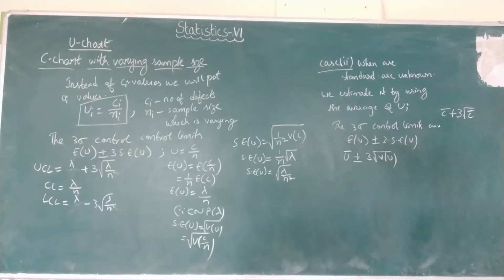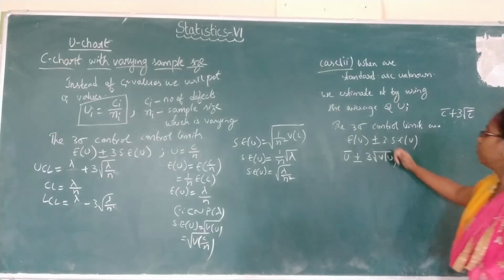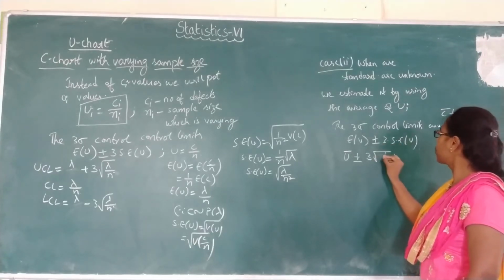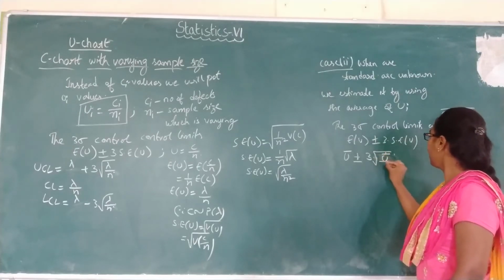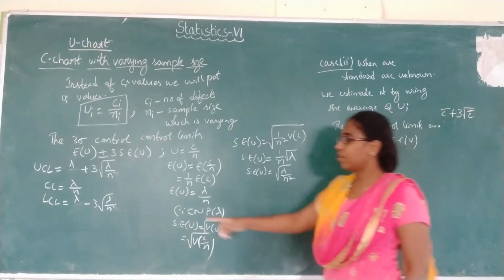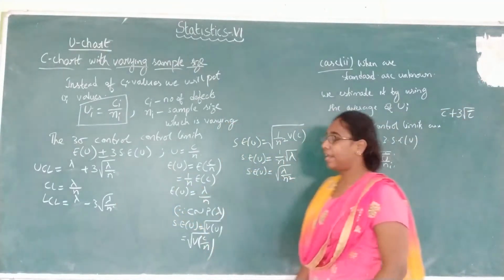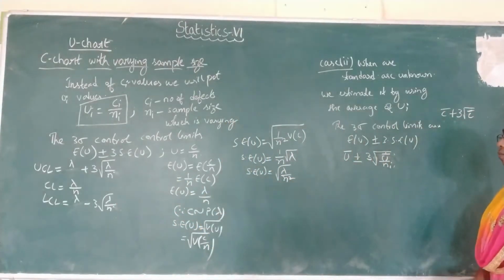So generally, if you observe, we have written c bar plus 3 into square root of c bar. So here also we will get 3 into square root of u bar divided by ni. Here, if you observe, it was lambda by n, so like that it is u bar by n.